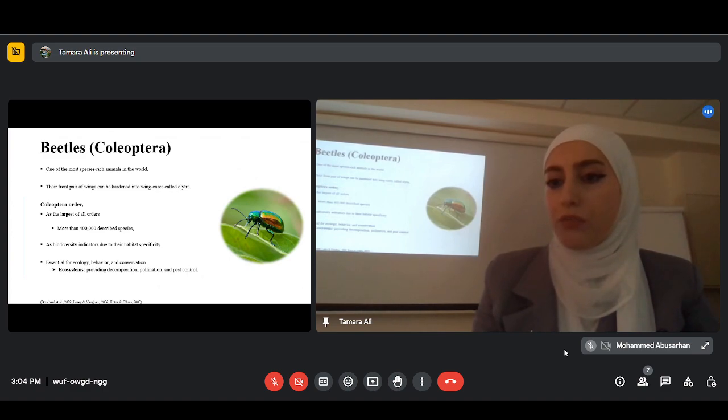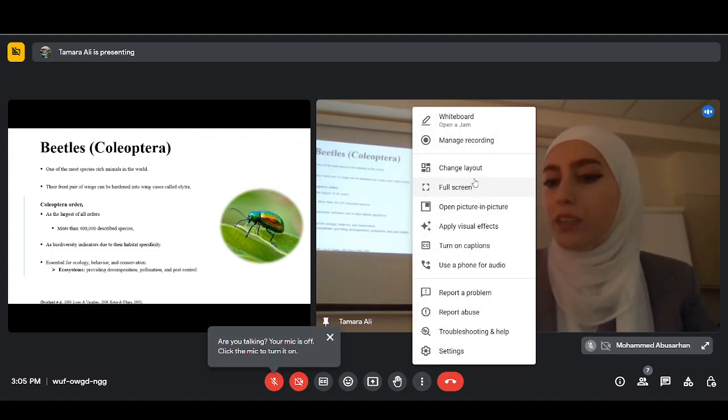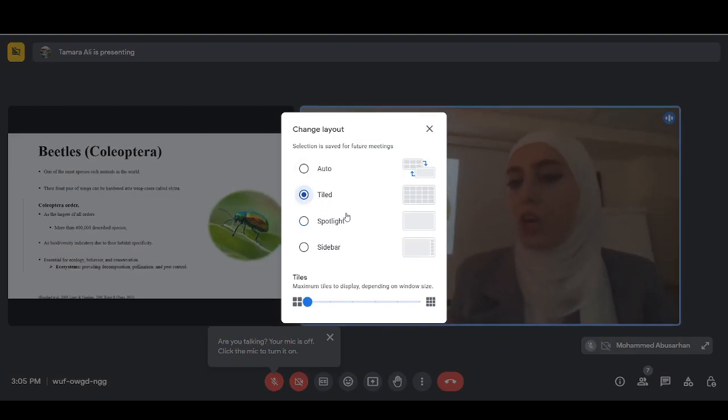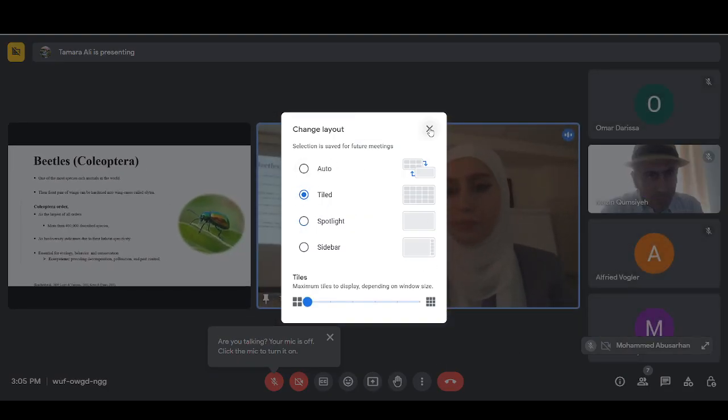Beetles' conservation is essential, considering their importance to global biodiversity. Also, beetles play a vital role in the ecosystem, and they are important in decomposition, pollination, and pest control. Without beetles, our environment would be overrun with waste and debris.